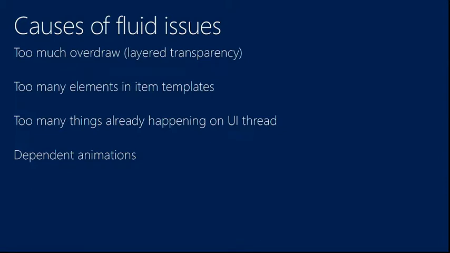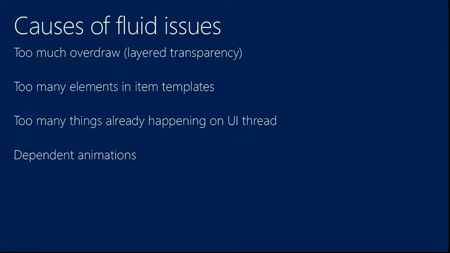We might have too many elements in our item templates, so that as it's trying to create the item templates, it's taking too long on the UI thread. We might have too many things already happening on the UI thread. If the UI thread is needed, and we're going to talk about this as part of virtualization, but it's already doing something, it's unable to provide data up to the front end. And therefore the front end's blocked, and it's showing either those blank pages, or it jams and doesn't move at all.